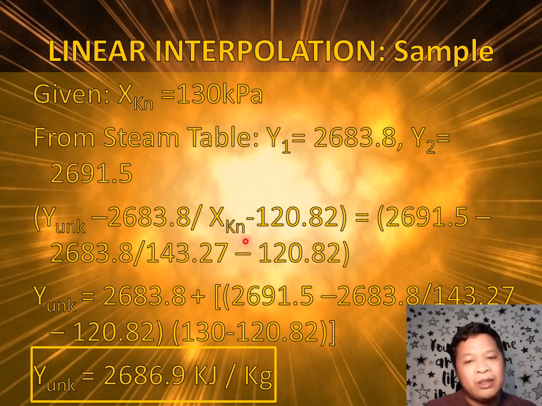So we just need to input them in the proper location, denoting na magkatali sila, yung x sub 1 and y sub 1 would have to be yung nasa isang row ng table na values for pressure and enthalpy respectively. And of course, this is just plug and play. To check your answer, if your answer is correct, the y unknown should obviously be in between the two known y values, no? Kasi nga nag-interpolate ka sa pagitan nila, and 2686.9 is in between these two, so tama naman.